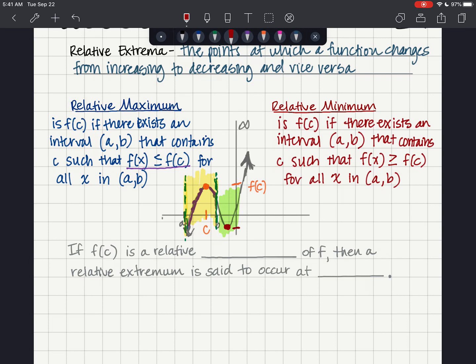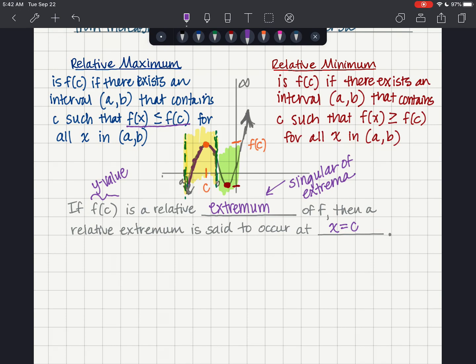If f of c is a relative extremum, that's the singular of extrema. If f of c is a relative extremum of f, and notice how it's giving you the y value, so this is your y value, then a relative extremum is said to occur at x equals c.